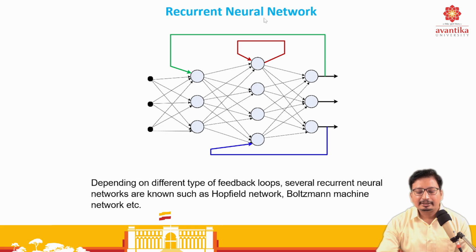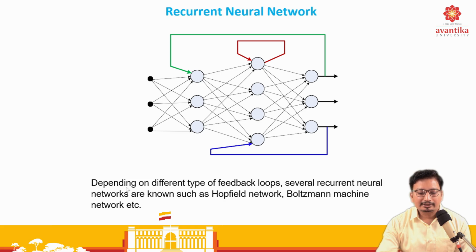Next is the recurrent neural network. In the last two architectures we have seen only the feed forward concept, and we do not have any kind of feedback to the previous layers. This recurrent neural network depends on different types of feedback loops.